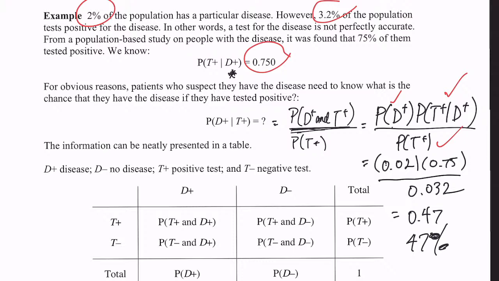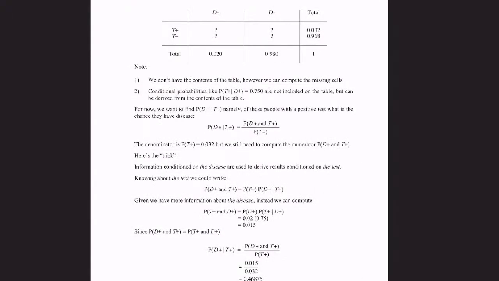So if someone has a positive test result, it doesn't necessarily mean they have the disease, but we take precautions, right? We put people in observation, isolation, and observe their symptoms. I wrote a lot of other stuff here, but you can read through that.